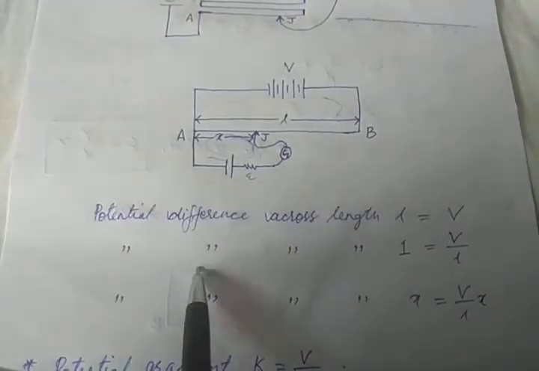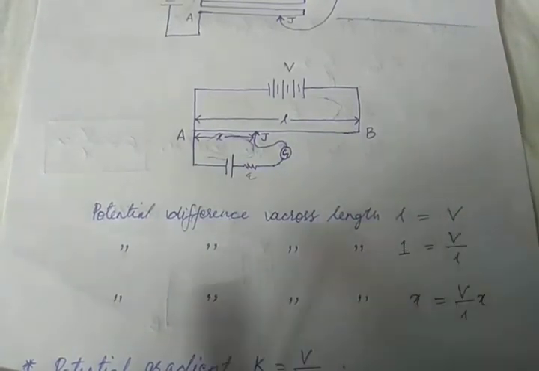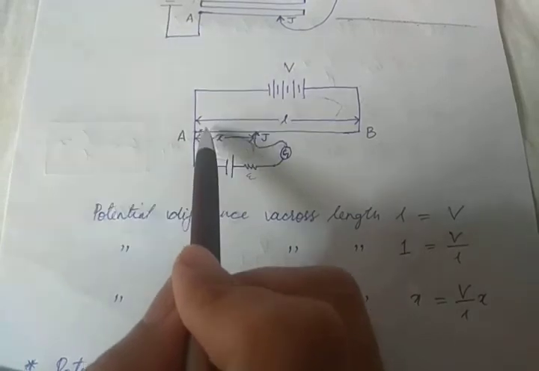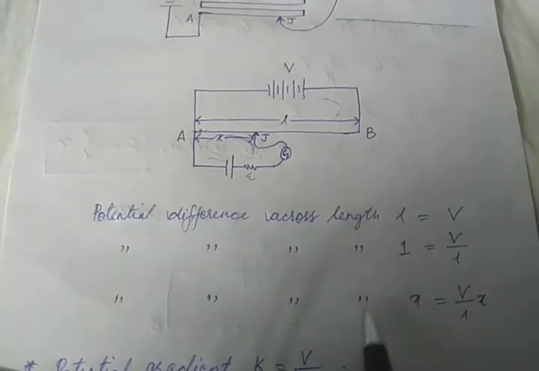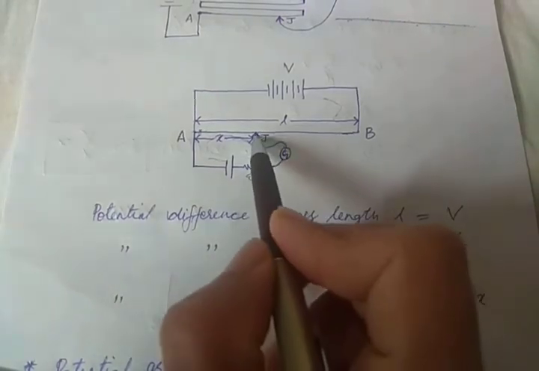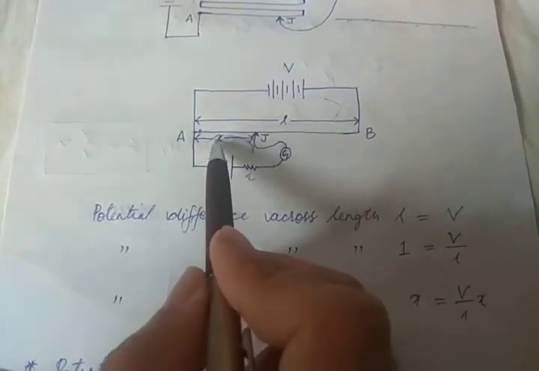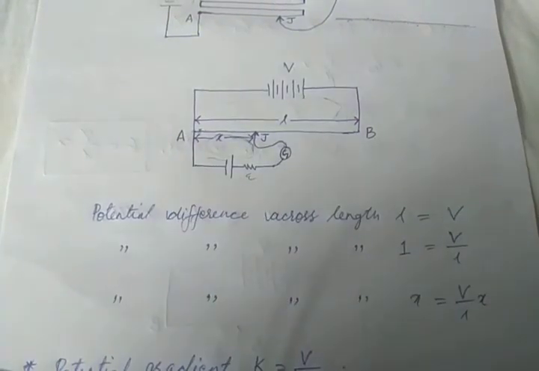Therefore, by the unitary method, what is the potential difference across unit length of this wire? It will be V upon L, of course. Say you've placed a jockey at this particular point, making connection at a distance X measured from point A.